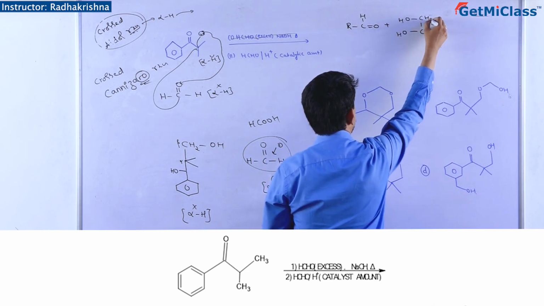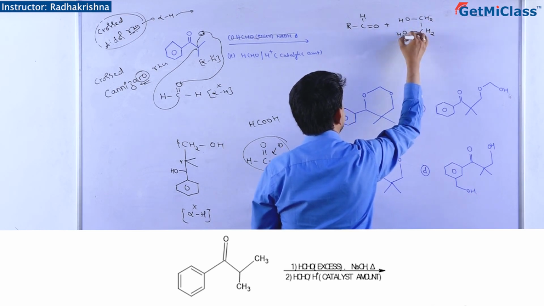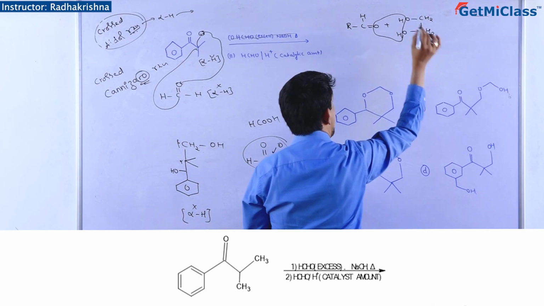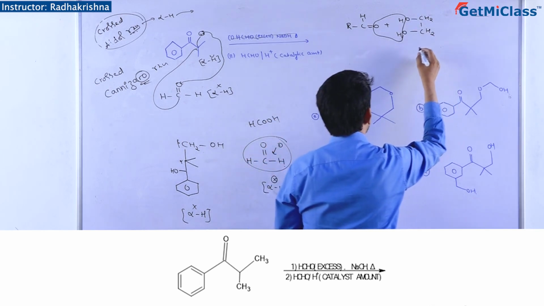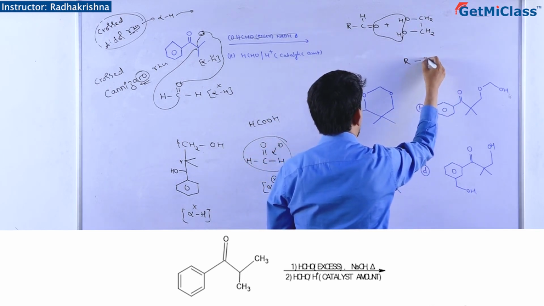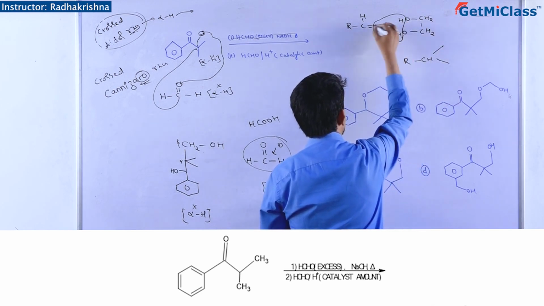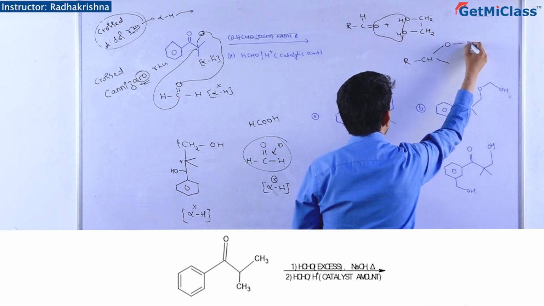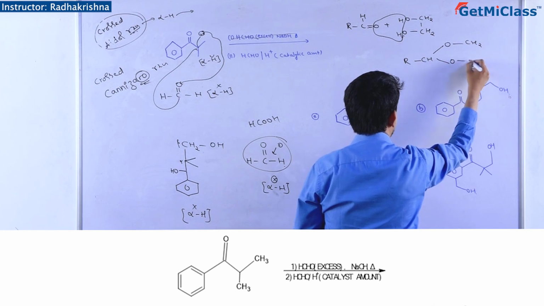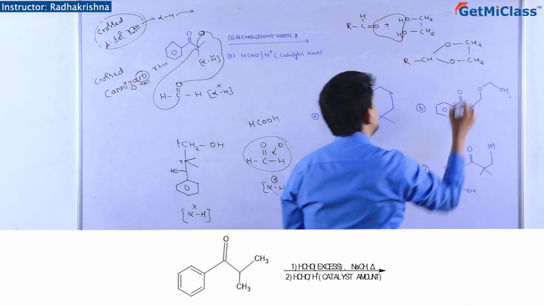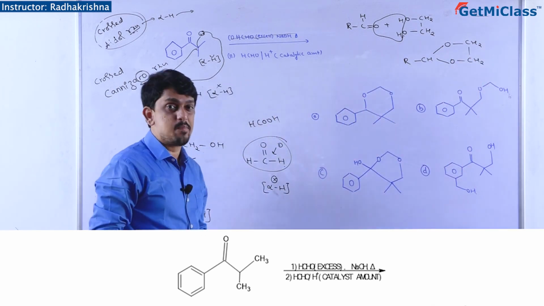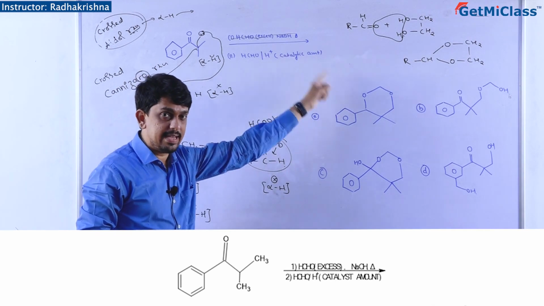You can see O and H2 went out as water. Now what is left out is the product that looks like this. So here one bond, here one bond. So you get the cyclic structure that looks like this. It is a cyclic acetal product. You studied this in theory.